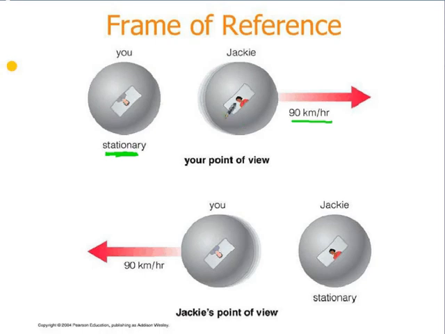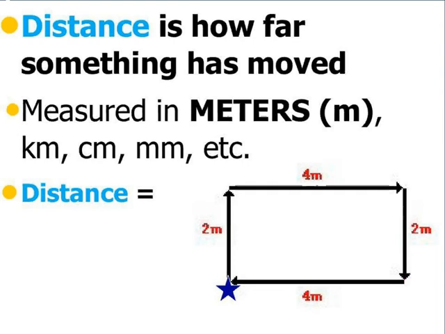But in this instance, where Jackie is stationary and you are rolling at 90 kilometers per hour, if you are moving in relationship to Jackie and Jackie is the frame of reference, that's how you're going to tell that you're moving. So it depends on what is considered stationary. The stationary object, the one that is not moving, is going to be your frame of reference.